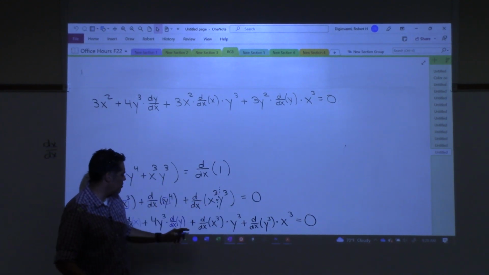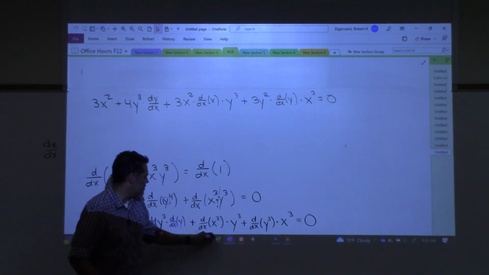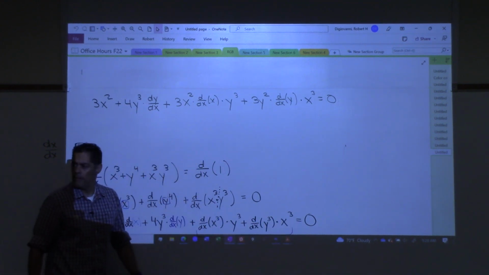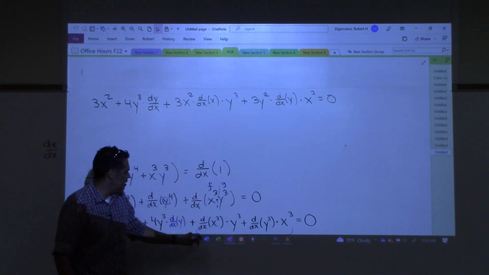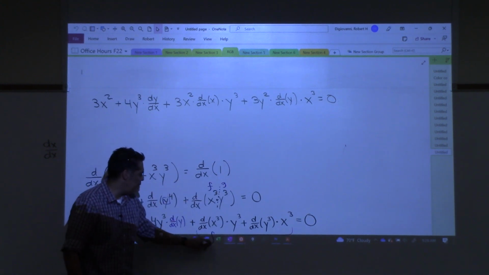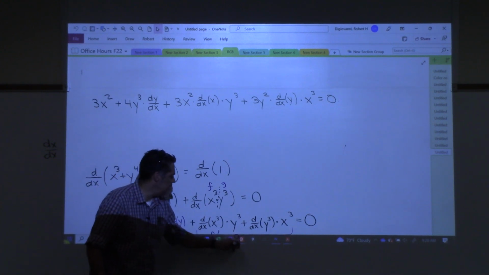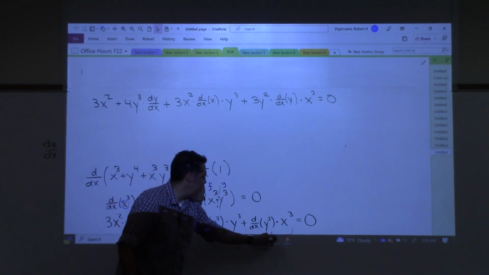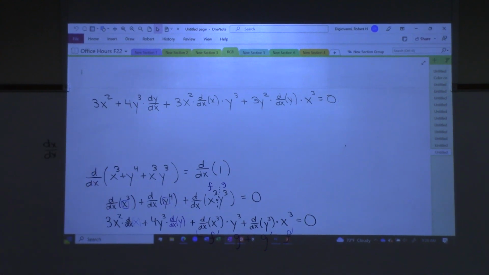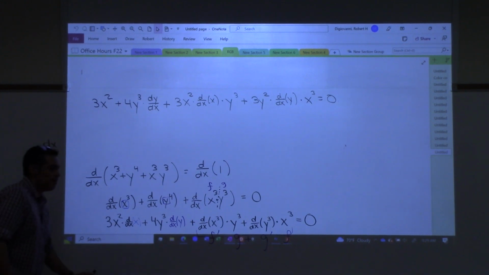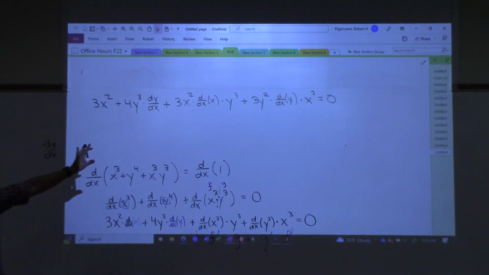This is where I did the product rule. If you want to look at this as being the f function and the g function, this was f prime right there times g, plus this was g prime and then this was f. Do you see that? Is that what you're asking me? Okay, so we're good? All right, everyone good?